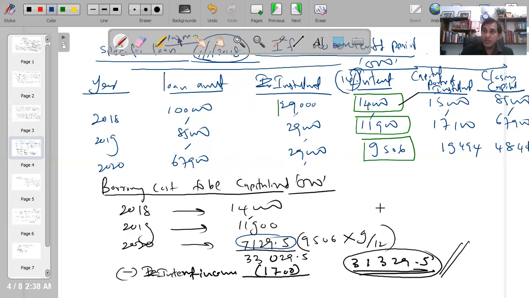So you need to remove a further 2 months, right? That could be done from this value as well. 9,506 divided by 12 multiplied by 2. How much are you going to remove? 1,584.33.